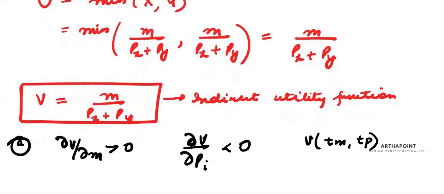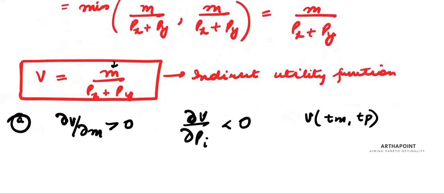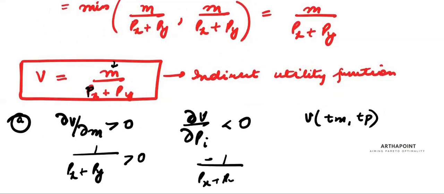So you just verify these properties. Here m is coming in the numerator. So when you differentiate, you will get 1 by px plus py, which is greater than 0. Here the prices are coming in the denominator. So when you differentiate, you will get minus 1 by px plus py whole square into m, less than 0.